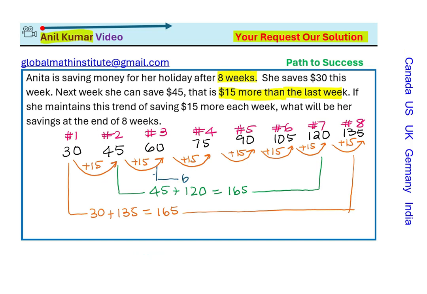Now we'll add 60 with 105. As you expected, it is also 165. The two numbers left can now also be added: 75 and 90. When added, they also give us 165.